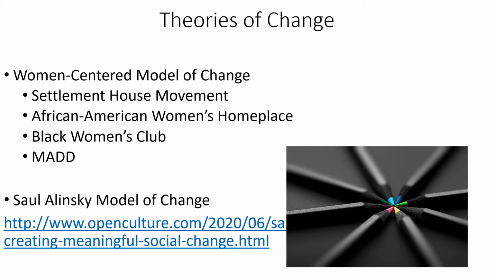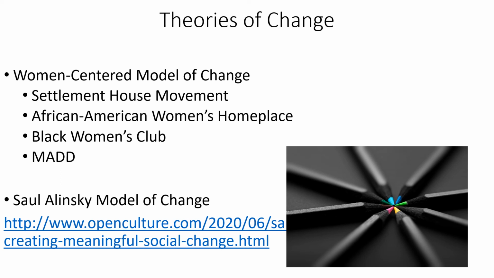In contrast to women-centered models of change that were kind of collectivist and let's work together, we don't need one single leader, we can all do this together, Alinsky's approach was really taking that independent framework, if you will, and using it to the advantage of a broader community and saying what's in it for me, but then knowing that what's in it for one person will likely draw other people in for the same cause.